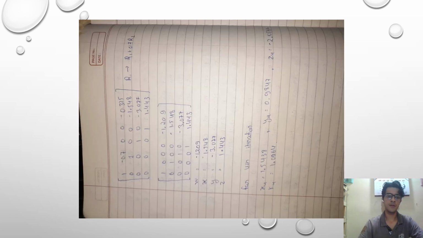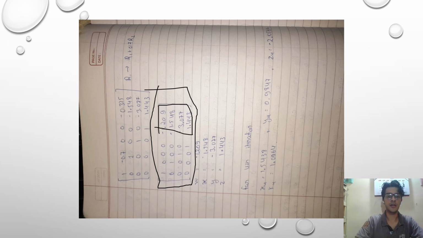Finally, when we make the whole upper and lower triangle, the diagonal values become 1 and all the other values become zeros, as shown in the following matrix. Then we simply compare the variables with the answers and we get our results.